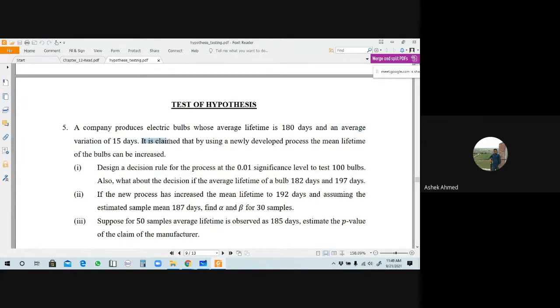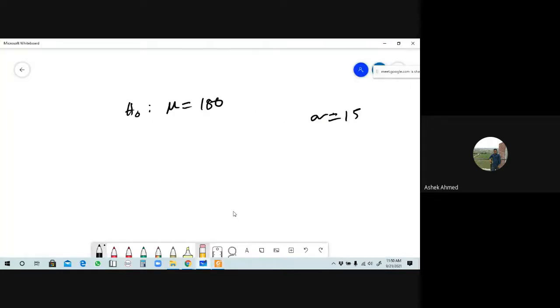So it is claimed that by using a newly developed process, the mean lifetime of the bulbs can be increased. From this line, can you say the alternate hypothesis will be increase? So the alternate hypothesis will be mu greater than or less than 180.